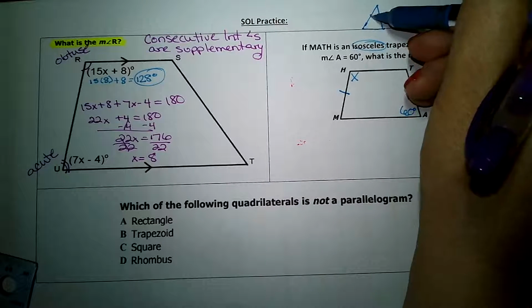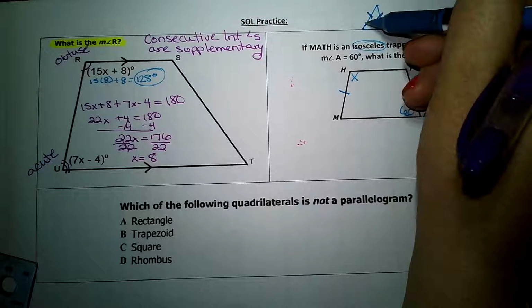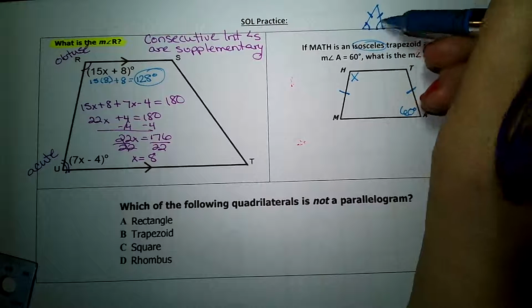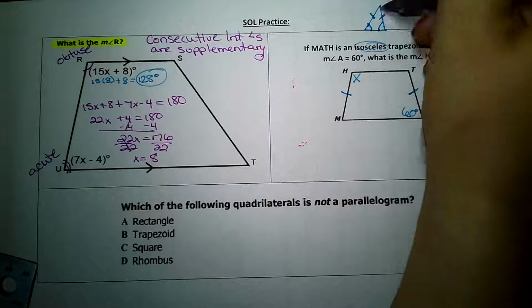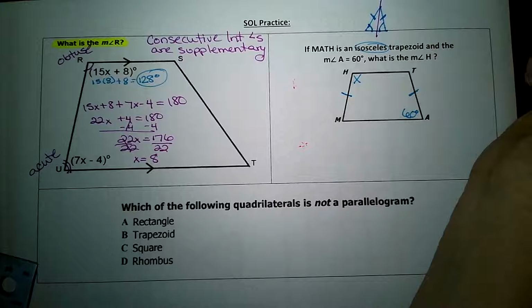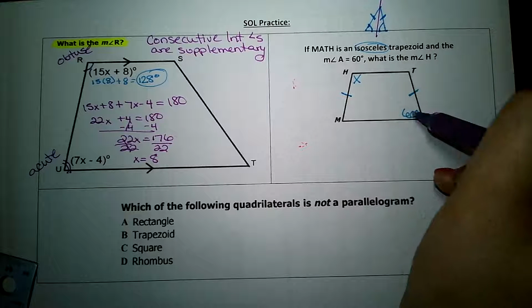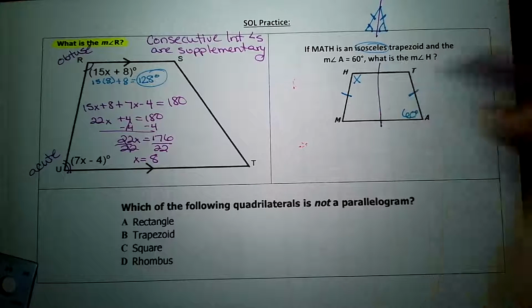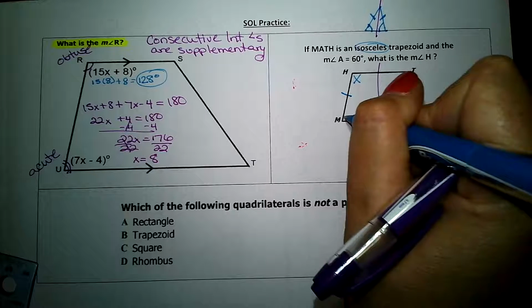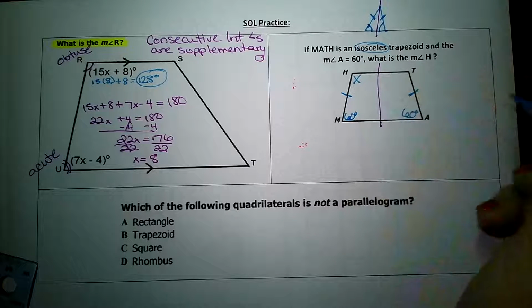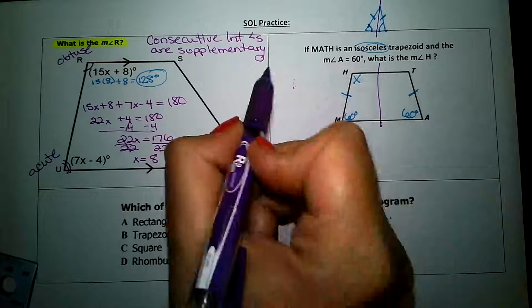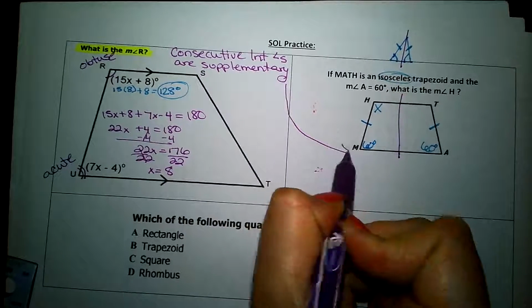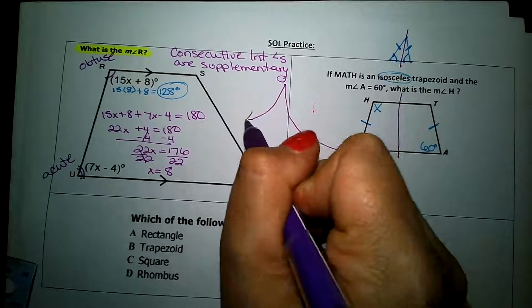Isosceles means two equal sides, which builds two congruent angles because it's got that line of symmetry in there. So if this is a 60-degree angle, we put that line of symmetry in, we've got another 60-degree angle here. And pull this over here also. We're seeing this in both problems.